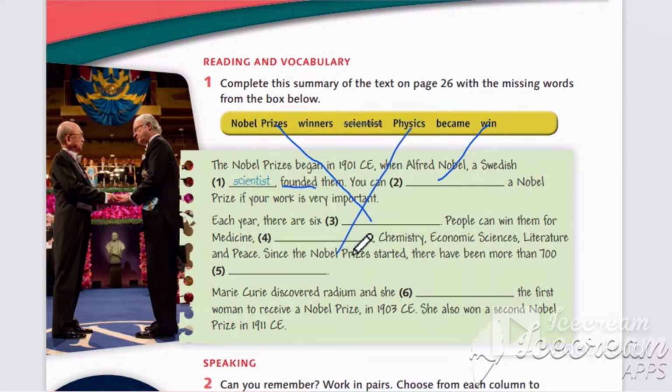Excellent. Since the Nobel Prize started, there have been more than 700 what? Excellent. Winners. More than 700 winners.